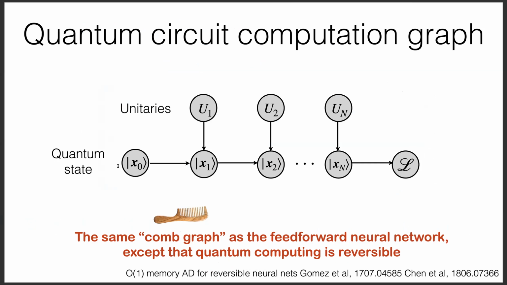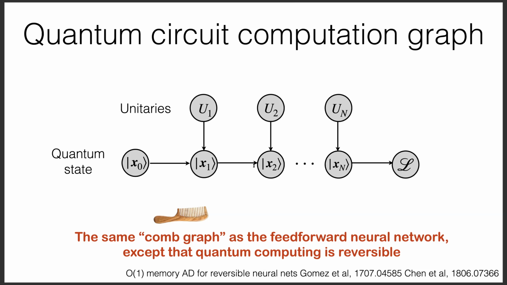The input here is the quantum data, the quantum wave function, and each of these is a parameterized unitary circuit, and it has the same topology as the computation graph of the feed-forward neural network. But there's a crucial difference. The difference is that here, each step is completely reversible, because a quantum circuit is unitary.